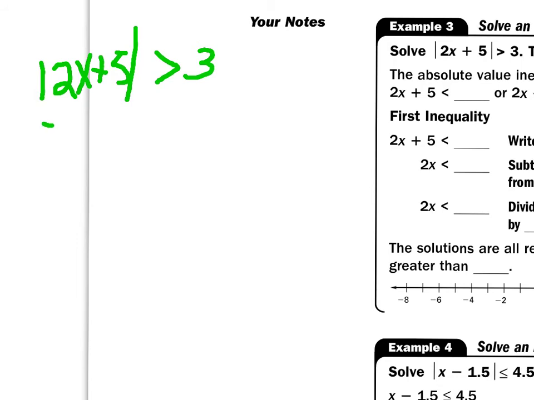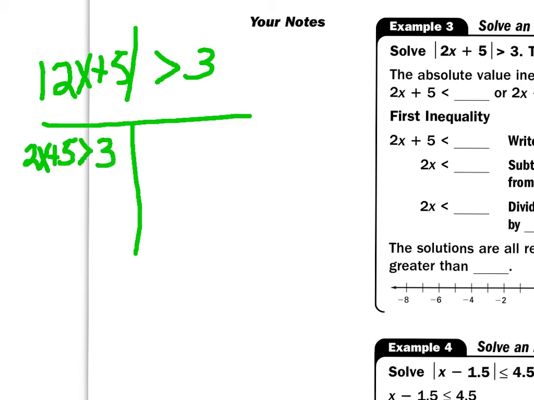So let me go ahead and make my t-chart. I have 2x plus 5 is greater than 3. And then 2x plus 5, and this is the different part. When I'm doing an inequality, to give the negative answer, I need to flip that inequality over. So when I put the negative on it, I have to flip it over.